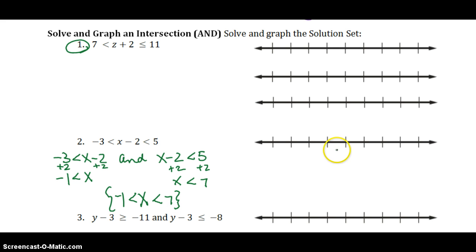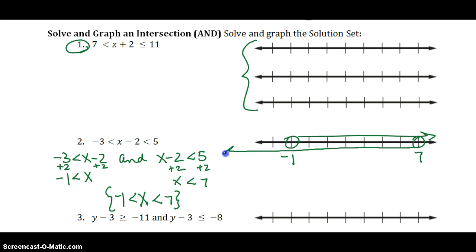And now I come over to the graph, and I noticed on number 1 they provided you 3 graphs, but you need to start practicing putting them all on 1. So somewhere down here is -1, and it's not equal to -1. X is greater than. Then somewhere up here is 7, and it's not equal to 7, and it's less than, so it's going in the opposite direction.